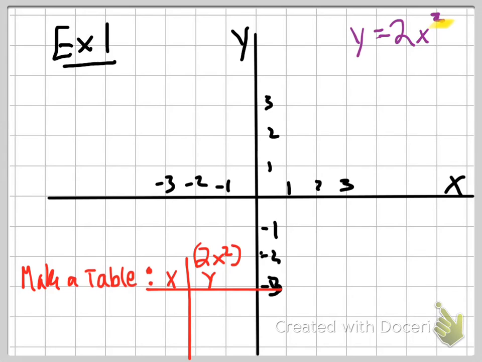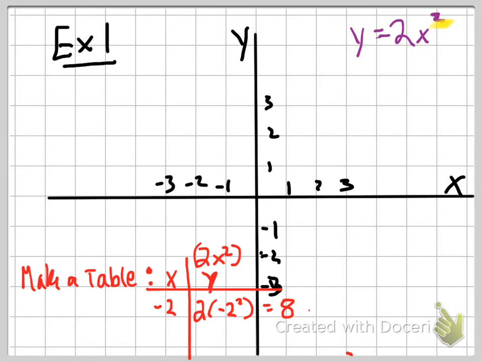So if I put in -2 for x, we plug that into 2x squared for y. So 2 times negative 2 squared. Negative 2 squared is 4. So that equals 4 times 2 is 8. So my first point on my graph is going to be negative 2, 8.